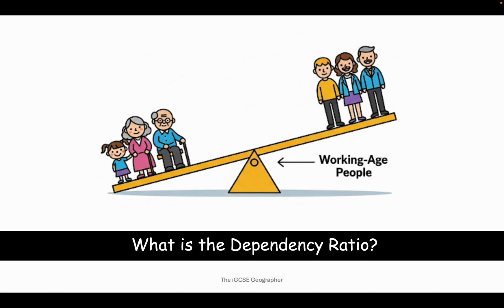This is defined as people who are working, between the ages of 15 to 64. And then we come to the old dependents, and you can see again on the left-hand side of the seesaw the two elderly people here. These are people aged over 64, and of course are not working.